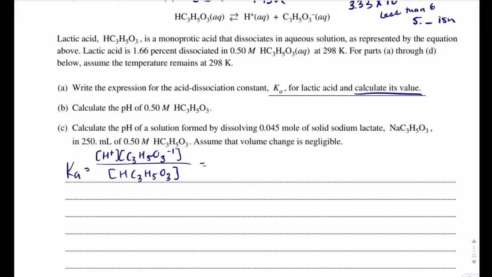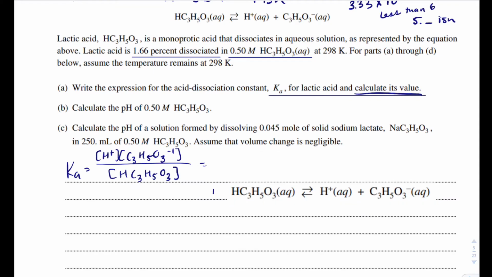And what that is going to equal is, we've got to go through and read some stuff. We get lactic acid, which is 1.66% dissociated in 0.5 molar. So what we know is that essentially we've got a RICE table, and I'm going to just set it up, but we don't really need it, just to organize our thoughts.